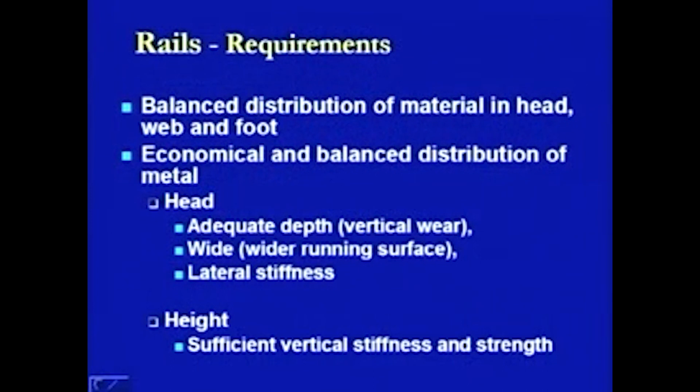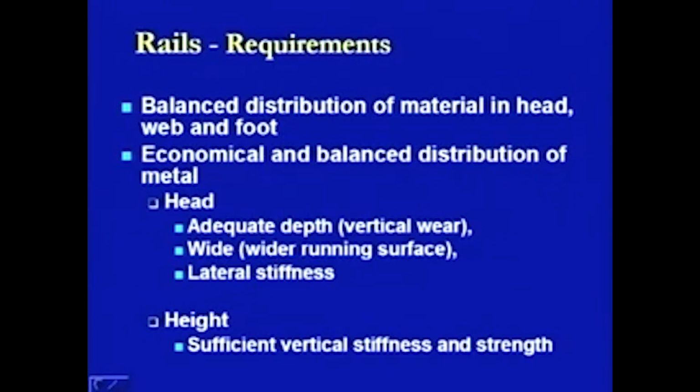The next thing is that we have to look at the economical and balanced distribution of metal, where the head should have adequate depth so that the vertical wear, if any, does not create an effect by which we have to remove that rail section very frequently.